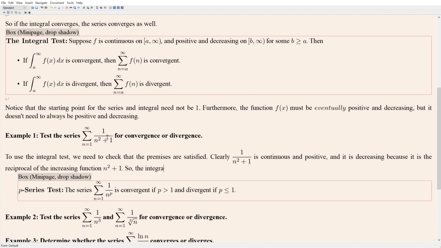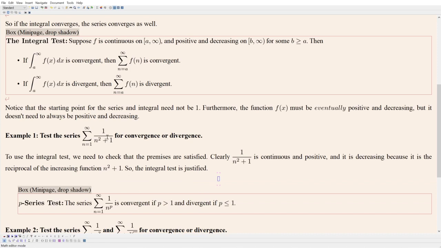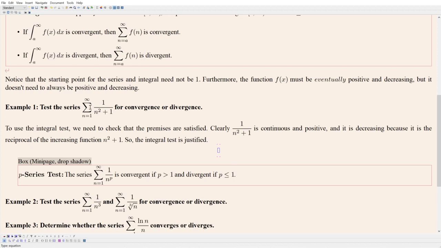So the integral test is justified. Okay, so if the integral test is going to work, then what do we need to do? Well, we just need to take the improper integral from 1 to infinity of this function.